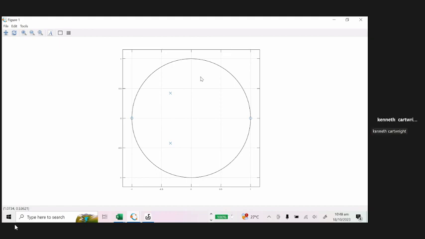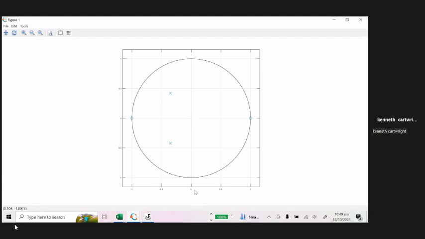What's the center point of the circle? 0. No, the point is not 0. 0, 0 is a point. This is a two-dimensional plane, a two-dimensional graph. A point is not one number. A point is 2 numbers. The center of the circle is right here at 0, 0.